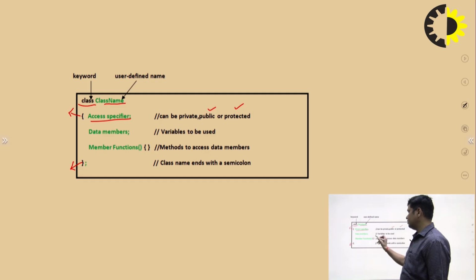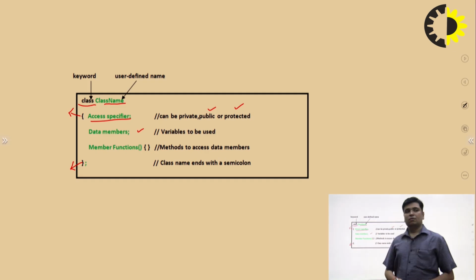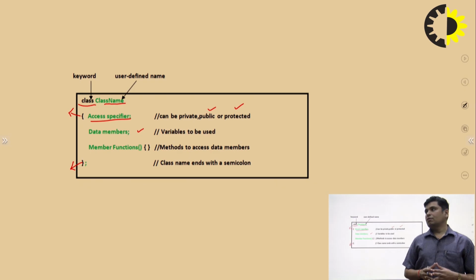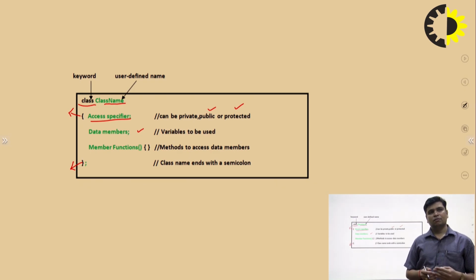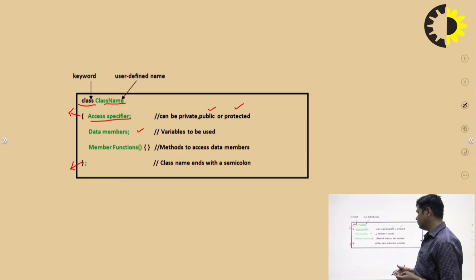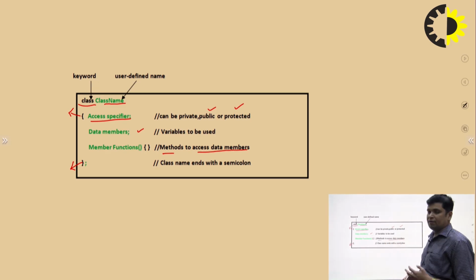Next are data members. Data members are also called variables, whatever data you want to declare for your particular class. The last one is member functions, also called methods, used to access the data members of a class.